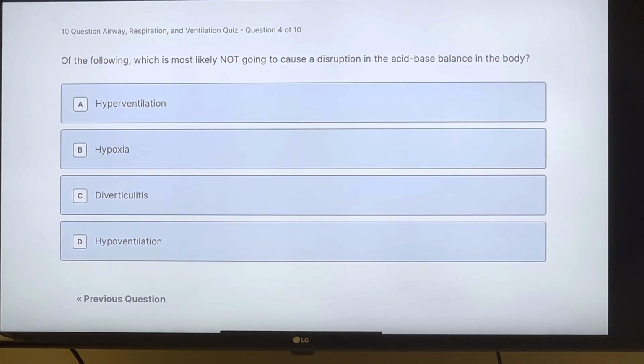Of the following, which is most likely going to cause a disruption in the acid-base balance in the body?